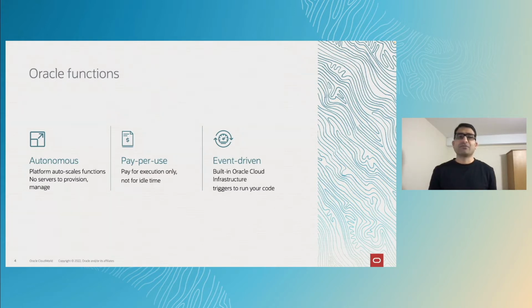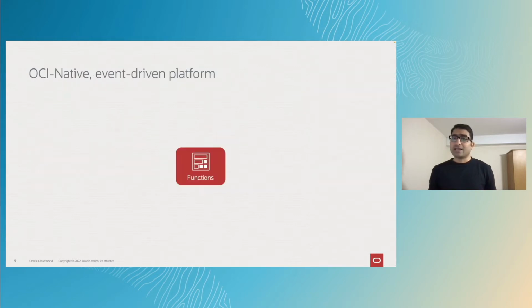You do not have to pay for the idle time. And Functions is designed as an event-driven platform built into Oracle Cloud Infrastructure as it provides built-in triggers across various OCI services. On the next slide, let's understand how Functions is an OCI native event-driven serverless platform.